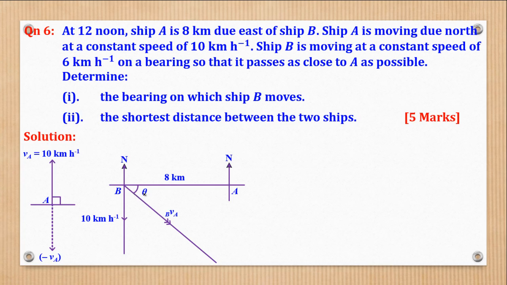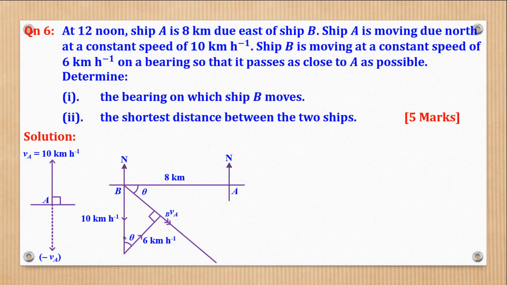Then from there, I'll make sure that I drop a perpendicular from where this ended, to meet the relative path at 90. That is the condition for the course of closest approach.